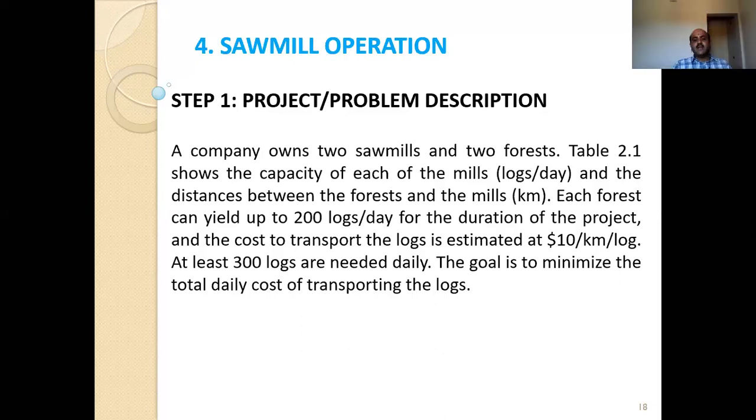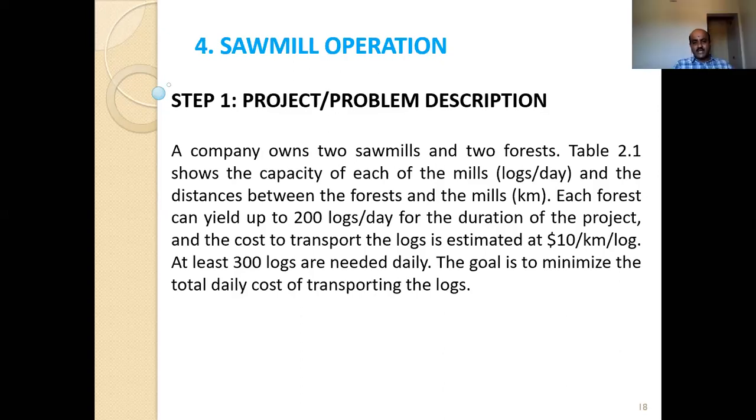Each forest can yield up to 200 logs per day for the duration of the project, and the cost to transport the logs is estimated at $10 per kilometer per log. At least 300 logs are needed daily. The goal is to minimize the total daily cost of transporting the logs. Please make a note of this problem.